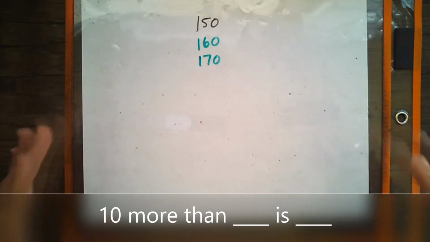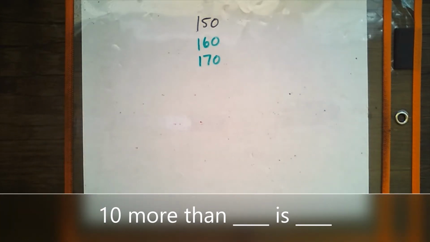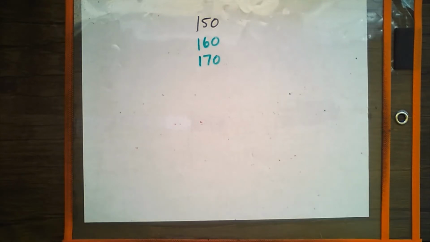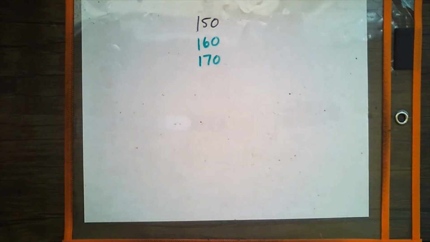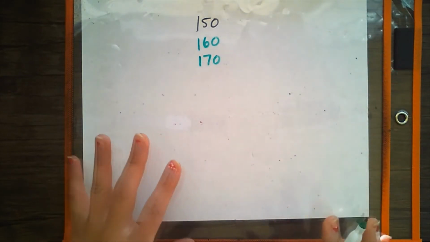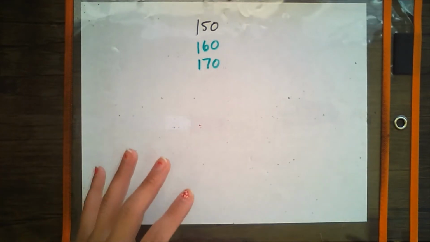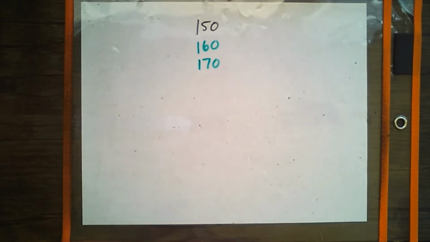Great. 10 more than 160 is 170. My friends, take a look at the numbers that we've counted so far. 150, 160, 170. I want you to pause the video here and talk to a friend or a family member about what's the same and what's different about them. And then we will come back and talk about it as a team.